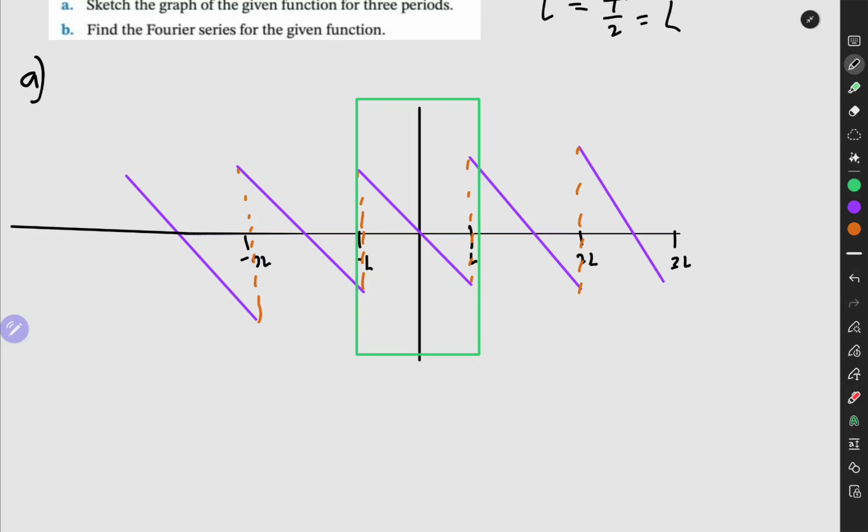We know what the form for the Fourier solution is. We know it's a cosine term, sine term. Remember how we did our even and odd stuff? Well, that's what we're going to look at. By looking at this, we can see it's symmetric about the origin, so we have an odd function.